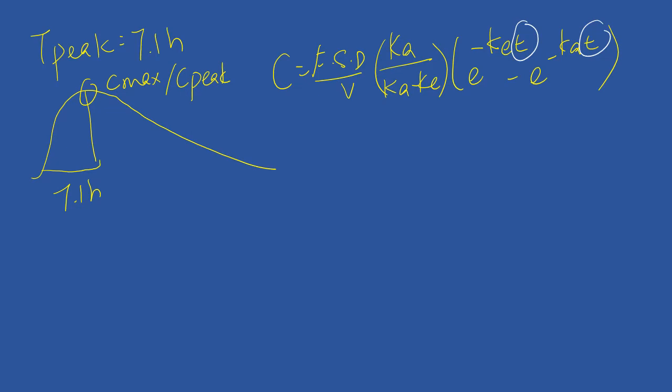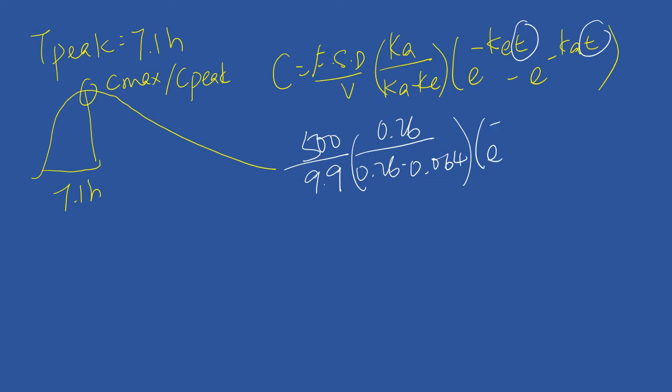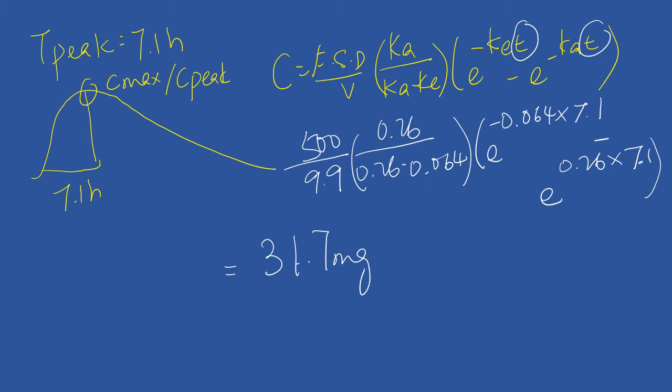Now we calculate the concentration. 500 divided by 9.9, 0.26 over 0.26 minus 0.064, e to the power of minus 0.064 times 7.1, minus e to the power of minus Kat, 7.1 as well. By calculating this, your answer will be 31.7. So this is the peak concentration, 31.7.